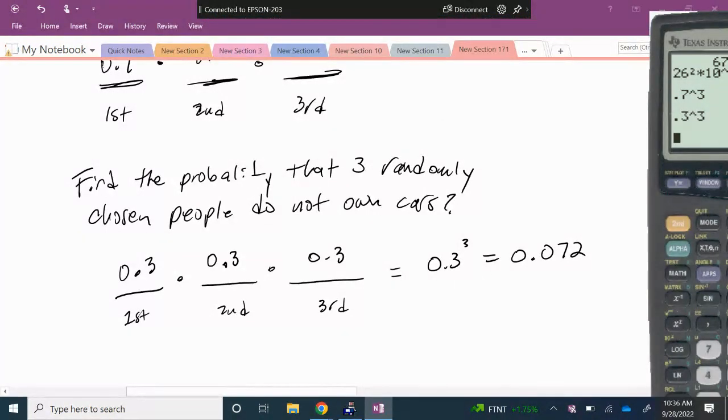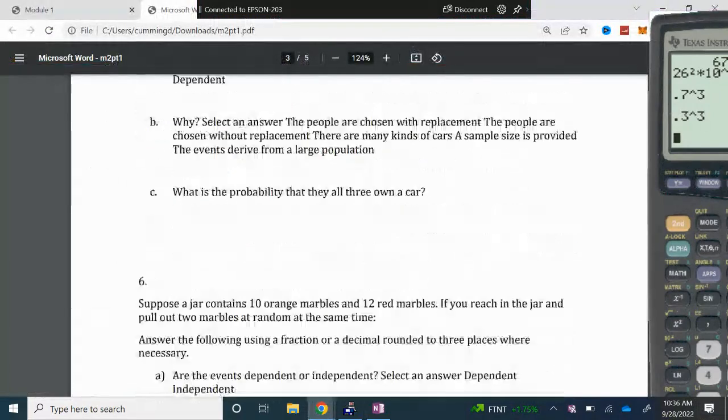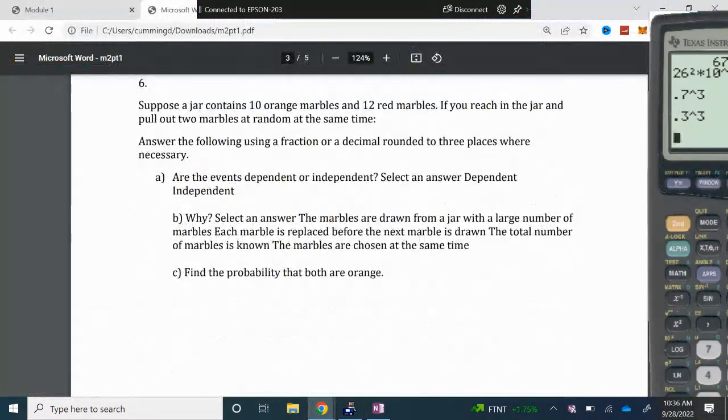All right, now let's look at number 6. Number 6 says, suppose a jar contains 10 orange marbles and 12 red marbles. If you reach in a jar and pull out 2 marbles at a time, at the same time, then answer the following questions.